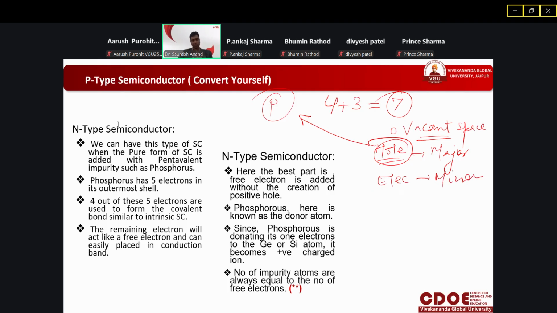Opposite. Electrons are majority in n-type. Holes are majority in p-type. The opposite will be minority. If electrons are majority, then holes will be minority. If holes are majority, then electrons will be minority. Got it? So this is the p-type and n-type semiconductor material.